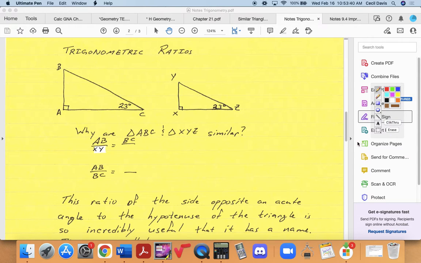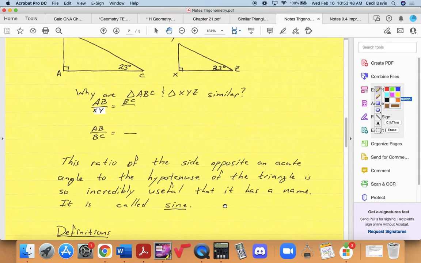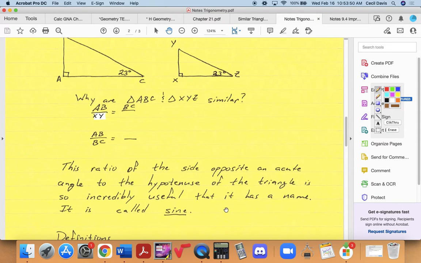So the ratio of the side opposite an acute angle to the hypotenuse is so incredibly useful that it has a name, and it is called sine, S-I-N-E, not S-I-G-N, S-I-N-E. And there's a really long story that I will not tell you about how it shouldn't be sine.